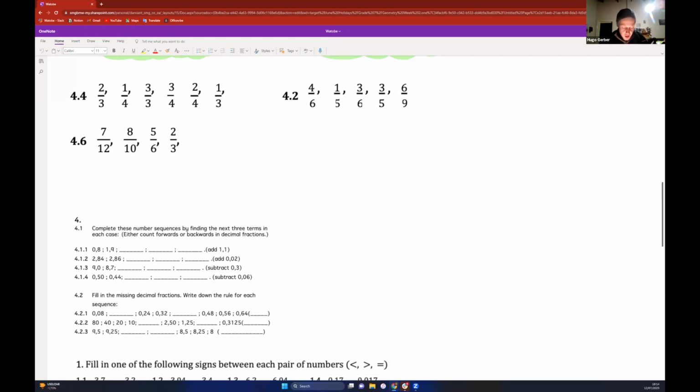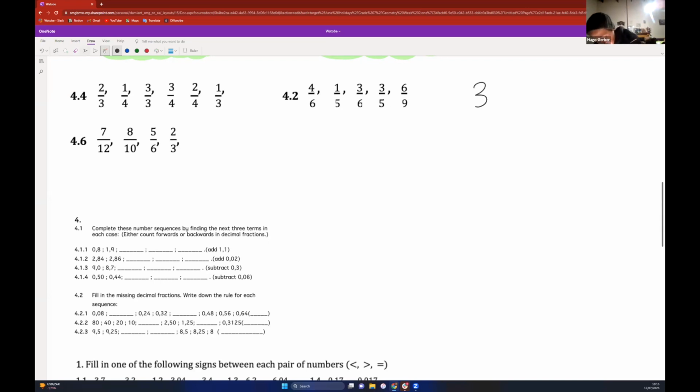All right. Now, the lowest common denominator for 4.4, we have 3, 4, 3, 4, 4, and 3. Now, the lowest common denominator for 3 and 4, I think that's easy. All that we do is, I'm going to start drawing. We write down the multiples of 3.